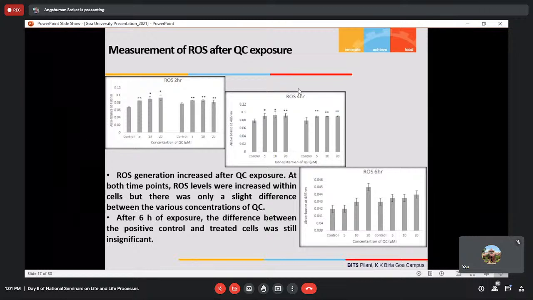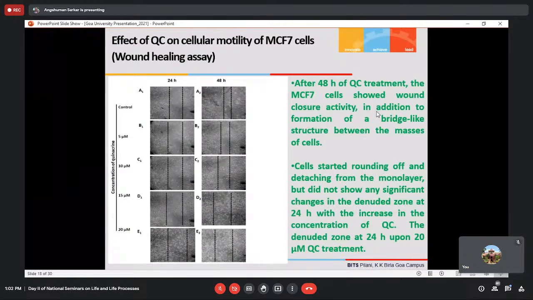We have shown that if we expose cells to quinacrine for 2 hours, 4 hours, and 6 hours, how much is the expression of the reactive oxygen species. This is a typical wound healing assay, which we have done in the lab. We exposed the MCF7 cells to quinacrine, and then we did the wound healing assay, where we showed how the cell migrates and how the migration is getting inhibited.